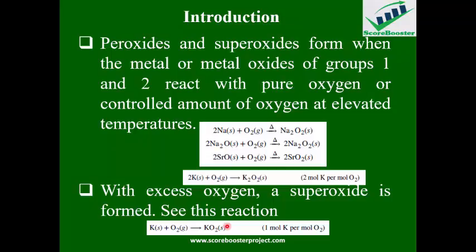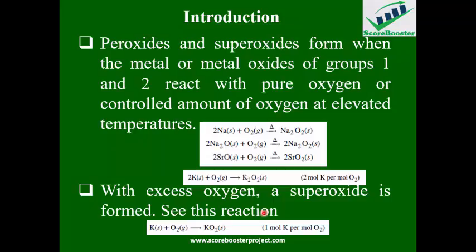A superoxide contains more oxygen than a peroxide. From what we have taught on how to calculate the percentage of elements in a compound, you should be able to ascertain this fact.